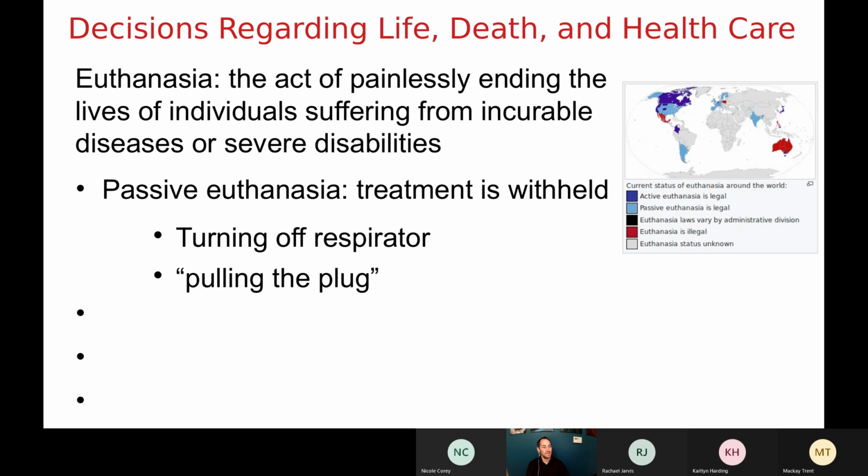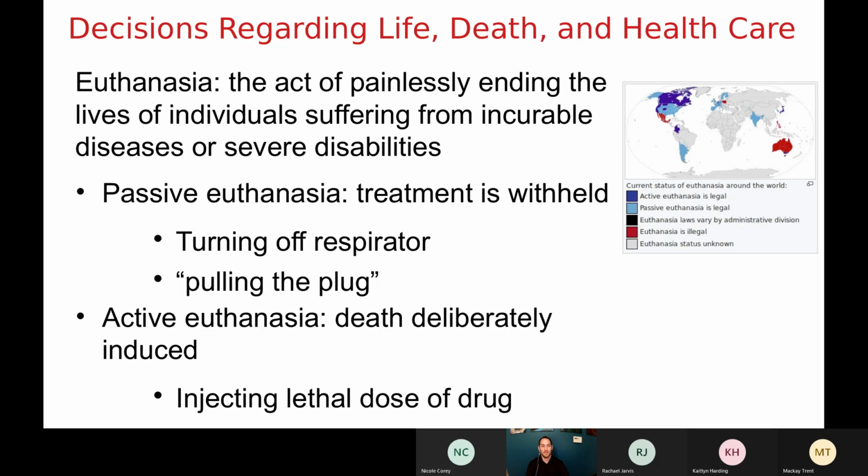So with this, passive euthanasia is when treatment is withheld. So if a person is on a respirator, removing that respirator, pulling the plug on the respirator, letting the person die naturally when the treatment is removed. Versus active euthanasia is when death is deliberately induced. Most often, in most places, this is done with a lethal dose of a drug.